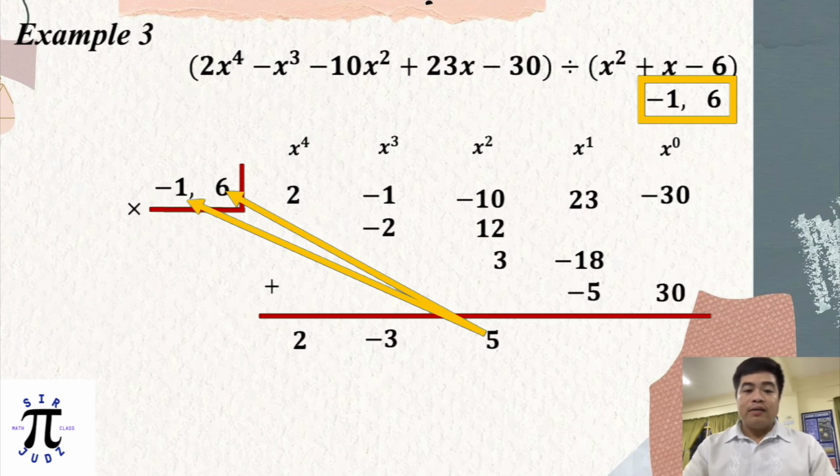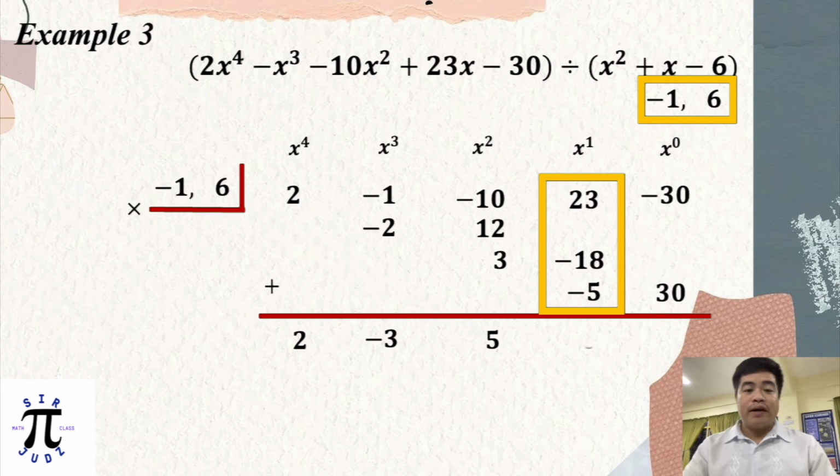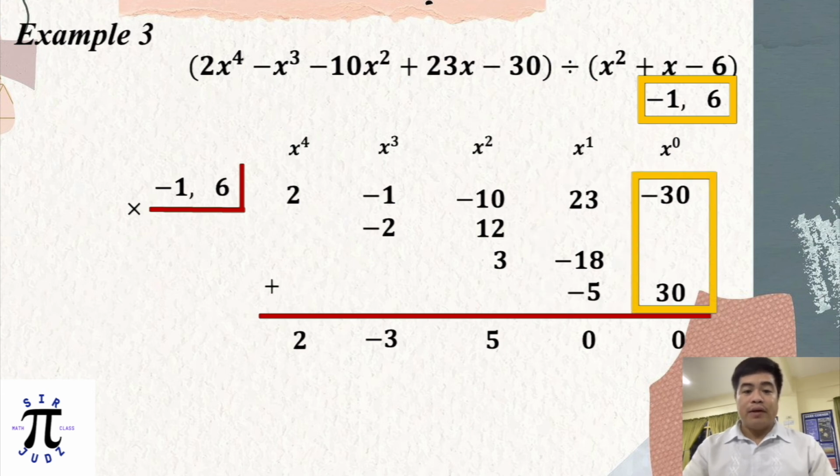So, adding, since wala ka nang i-multiply or wala ka nang i-bring down, so, i-add mo na lahat. So, add those numbers below on x to the power of 1 na column. So, you have 23 plus negative 18 plus negative 5. So, you have 0. And then, negative 30 plus 30, you have 0.